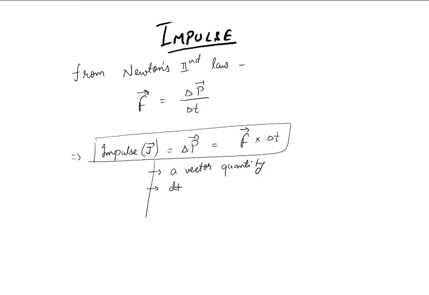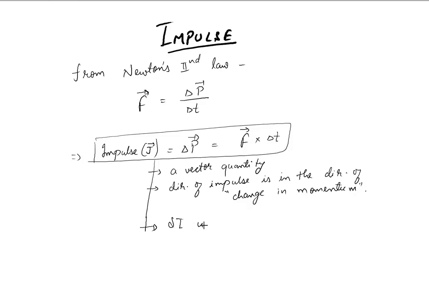And the direction of impulse is in the direction of change in momentum, and the SI unit of impulse is the same as the SI unit of change in momentum, which is kg meter per second.